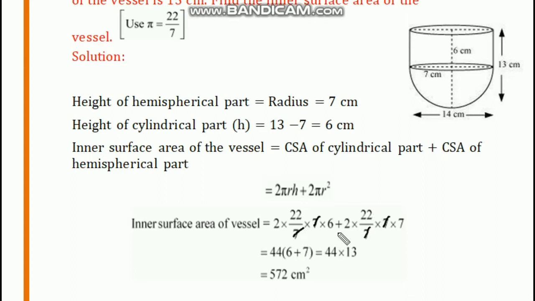So 44 is common, then the remaining is 6 plus 7. So 44 into 13 is 572 centimeter square. Or else you can find separately and then add the values; that time also you will get the same answer. So the inner surface area of the vessel is 572 centimeter square. Surface area inner or outer are both the same.